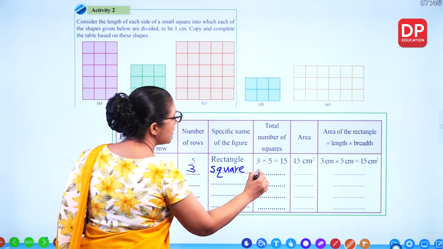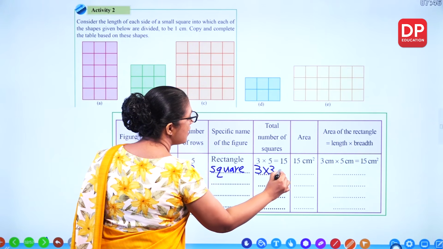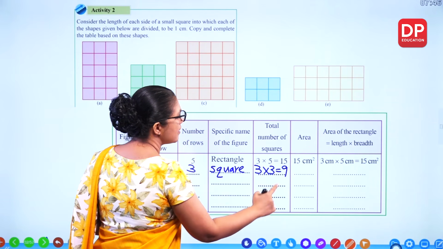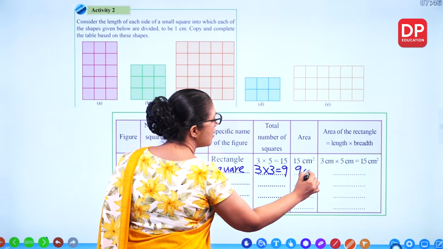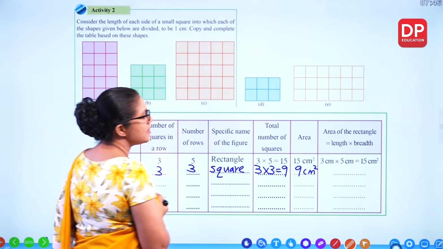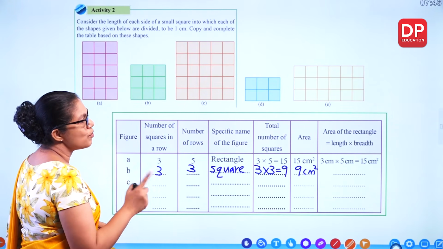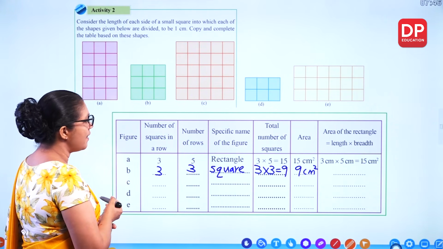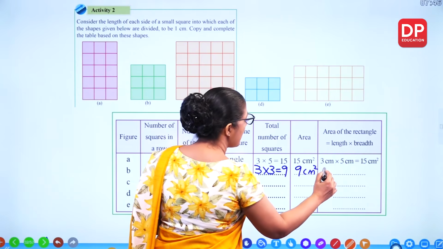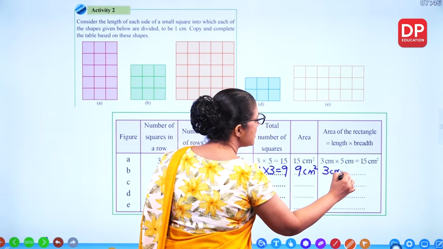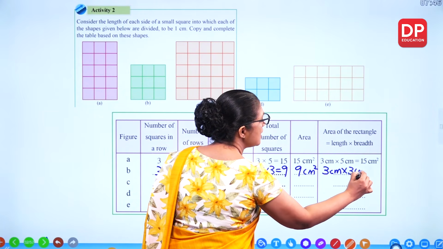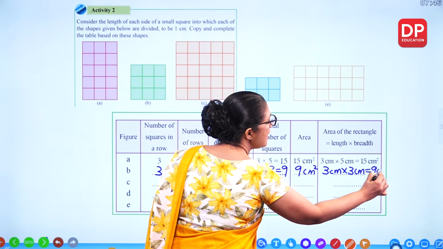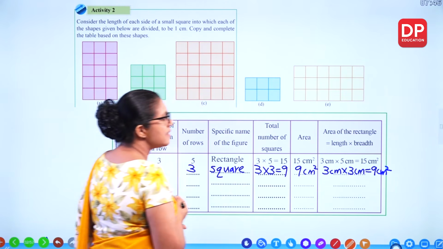You multiply 3 and 3. You get 9. So what's the area? 9 square centimeters. And if you take length and length, you get the same thing. 3 centimeter times 3 centimeter, you get 9 square centimeters.